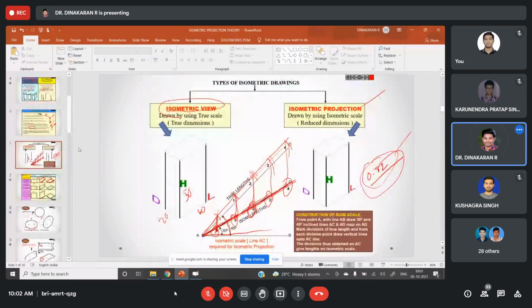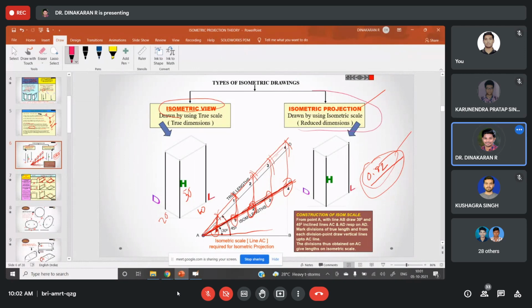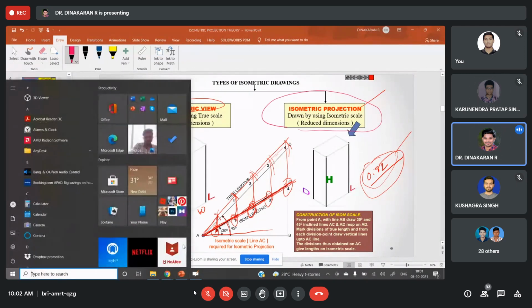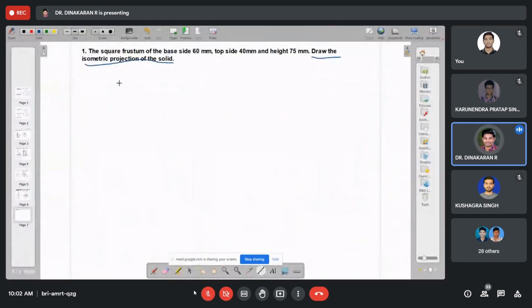Look at this slide: what is given? What do they ask, isometric view or isometric projection? They ask isometric projection. Isometric projection means reduced dimension. So don't forget that isometric projection means reduced dimension.